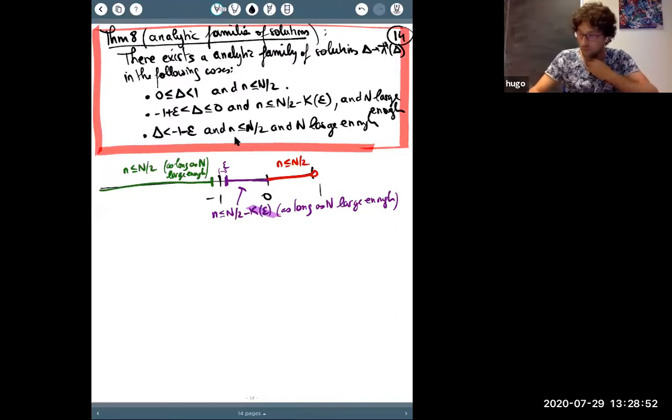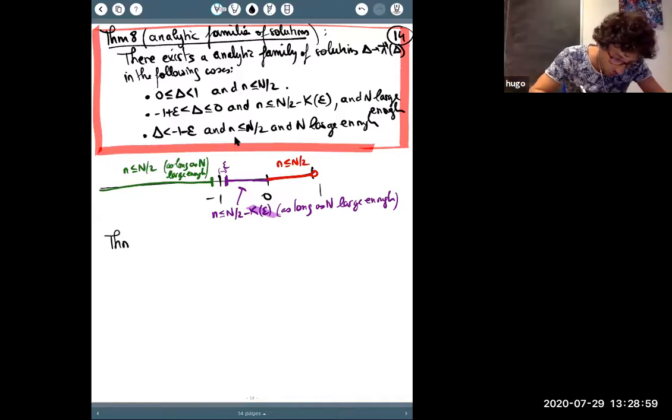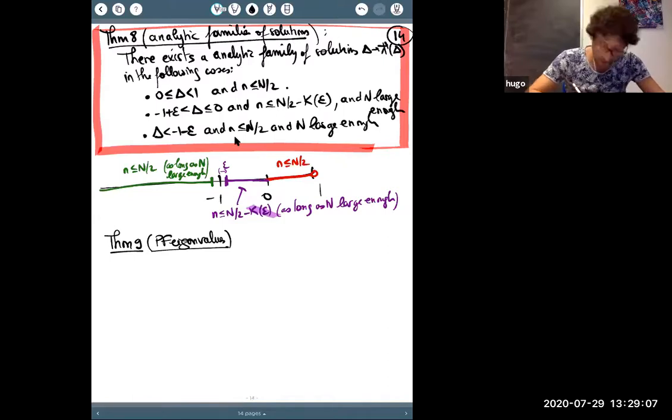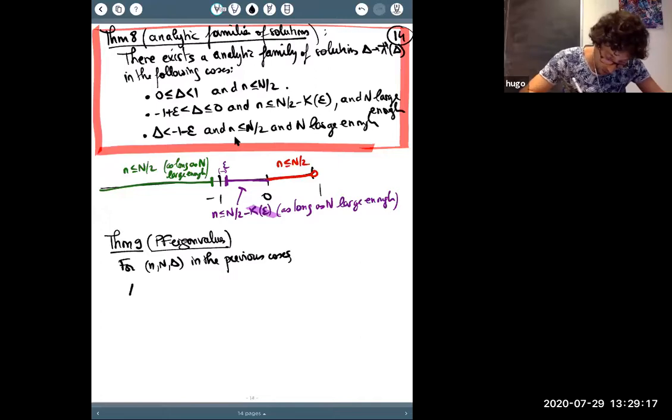Okay? So why is this thing important? Because it's going to give us the last theorem, which is the Perron-Frobenius eigenvalues, and which is saying that for small n, capital N, delta in the previous cases, lambda capital N n of ABC.